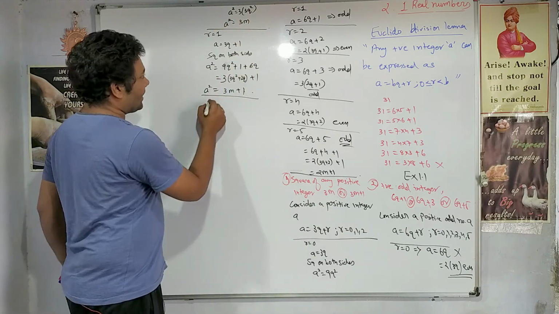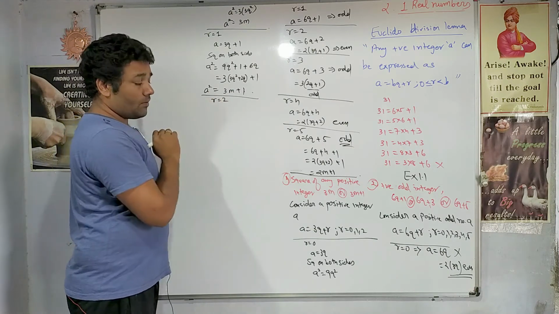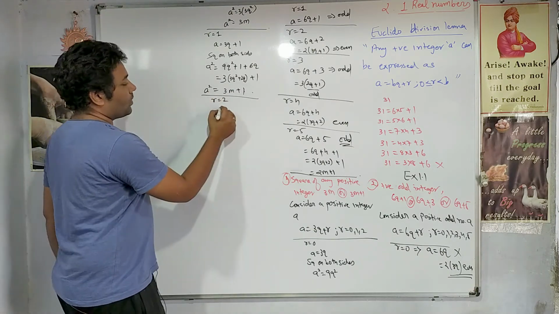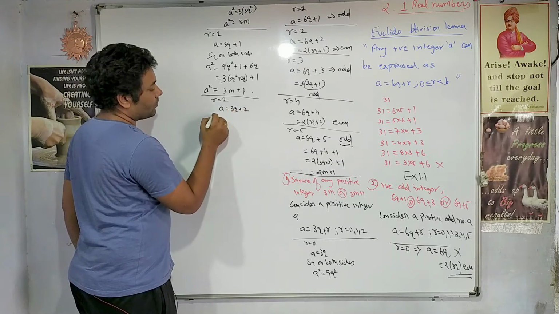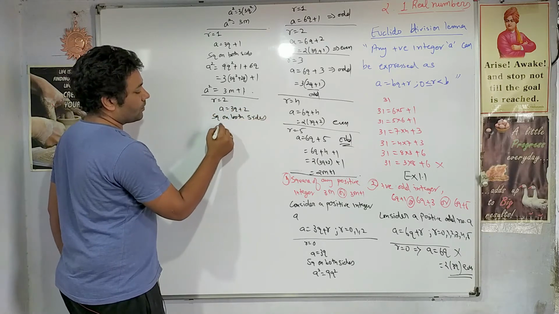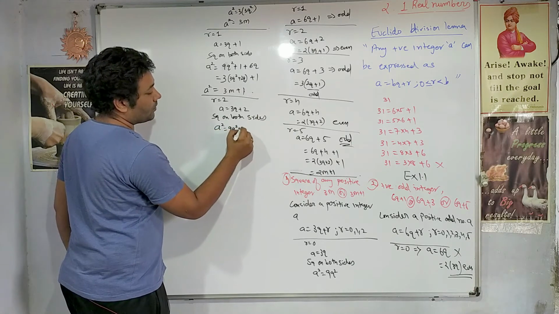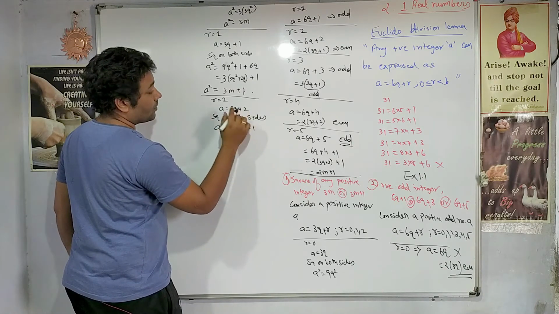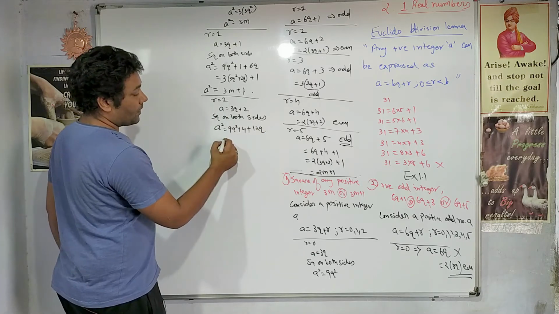Now let us take r equal to 2. So if we take r equal to 2, what will it be? 3q plus 2, squaring on both sides. So what will it give? a square plus b square plus 2ab, correct?